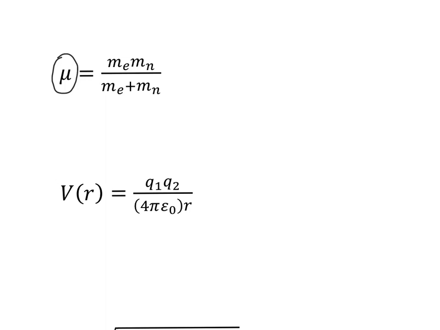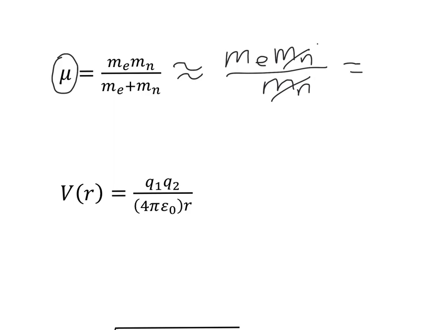You can see this: if m_n is much greater than m_e, the denominator is approximately just m_n, these cancel, and mu is approximately equal to m sub e.